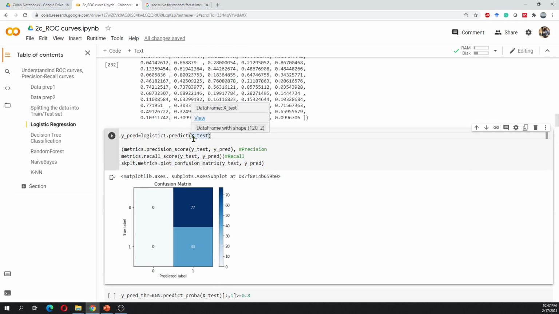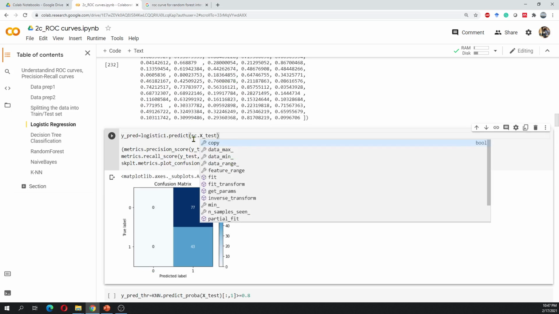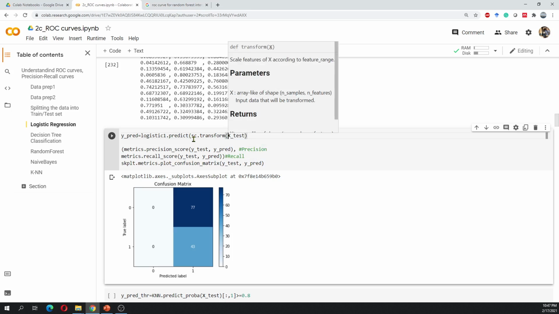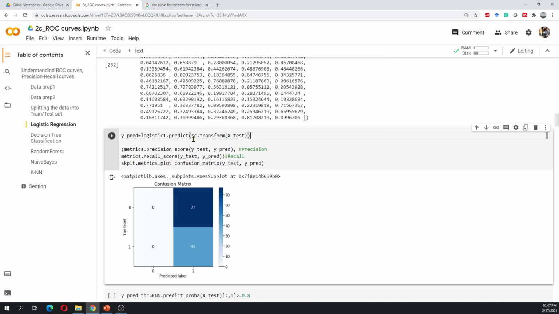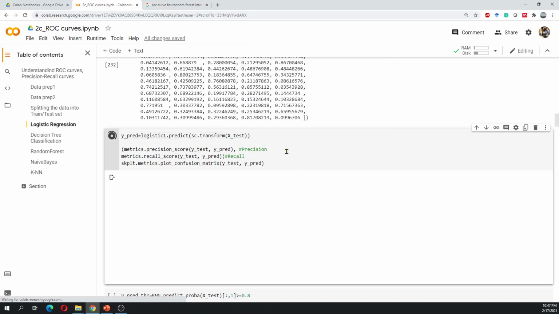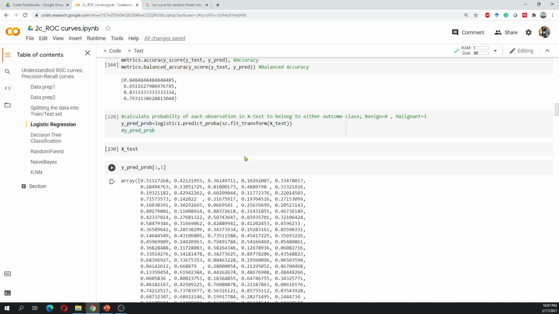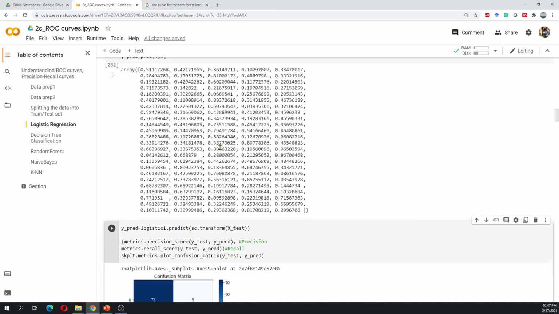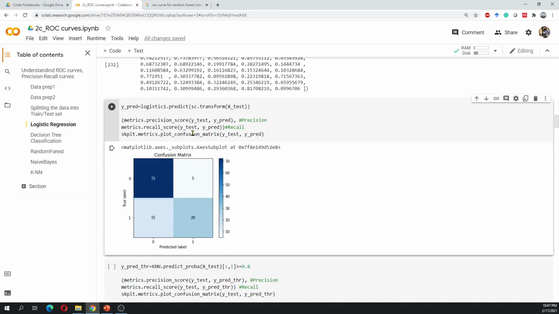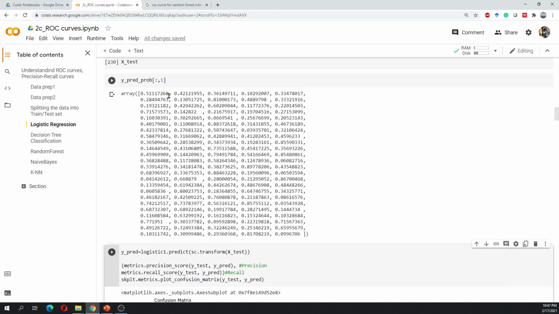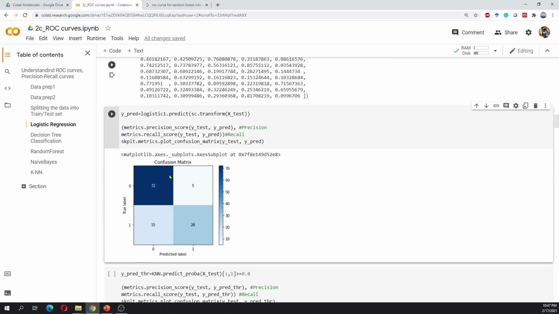Oh, I forgot to transform this, that's why it looked off. And this looks better. It should be the same as what we have here. So this is our confusion matrix if we choose to use the default 50% or 0.5 threshold.